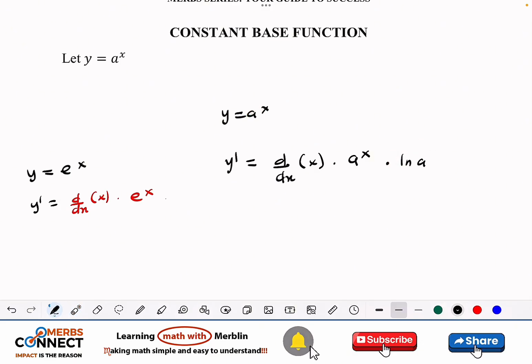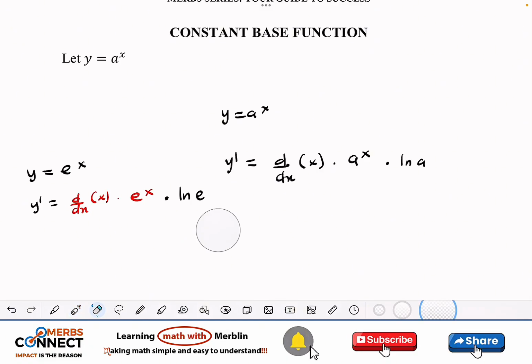Because when I multiply it by ln of the base, we know that this is going to give us 1. So there was no need for us to add ln of the base to it because this is going to give us 1 always. But here's the case that since this is a and it's not e, this is not going to give us 1.